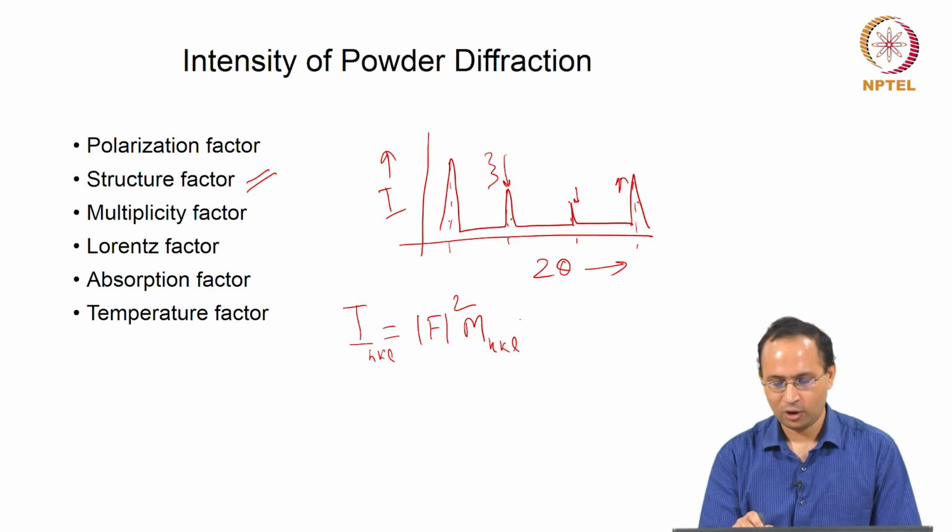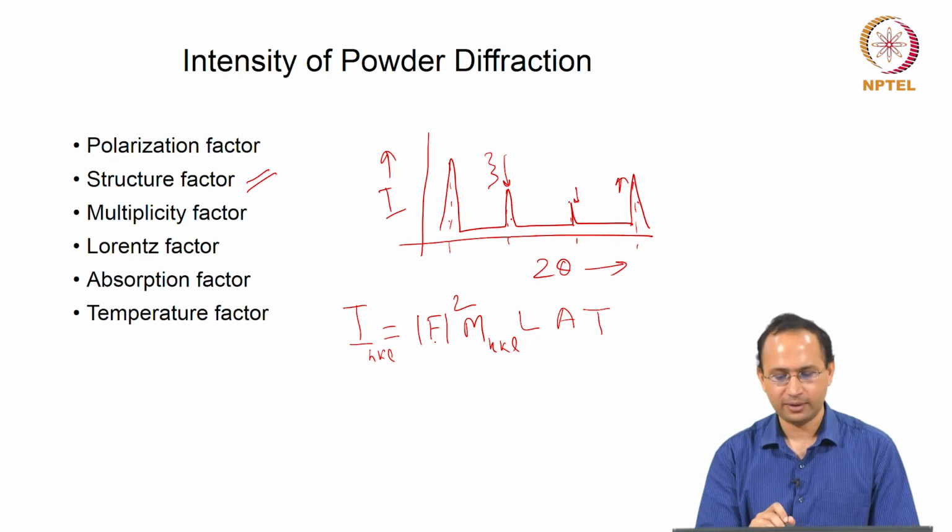Then you have the Lorentz polarization factor, combining Lorentz and polarization. You have an absorption factor and you have a temperature factor. This is a simple relation which connects intensity to various factors. If you know all these factors, you can calculate intensity. In some cases, one factor will dominate others, but these are important factors you need to consider.